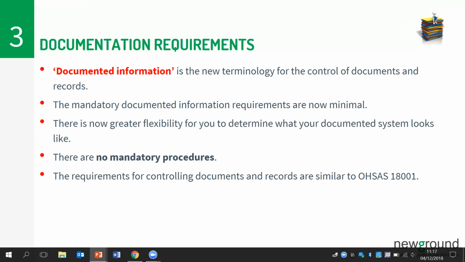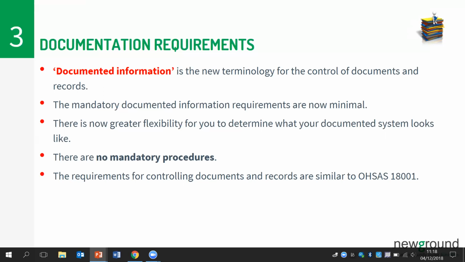The standard is quite clear in what you need to maintain and what you need to retain. The mandatory documented information requirements are now, though, minimal, and they are limited to things like your scope, your policy, objectives, audit programme, and your legal requirements.